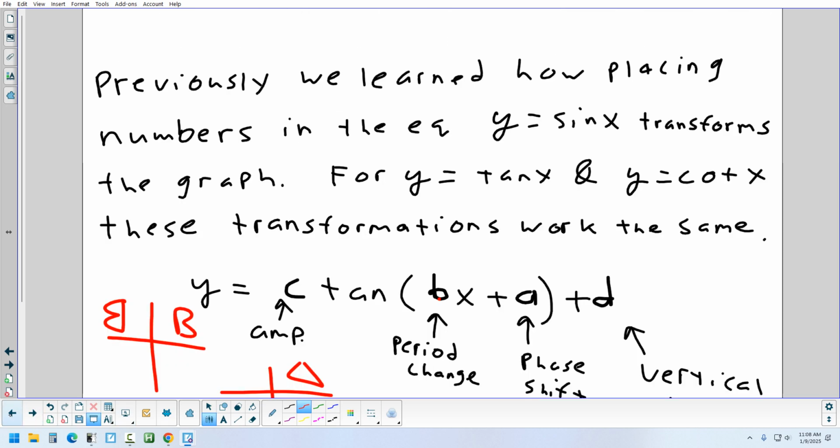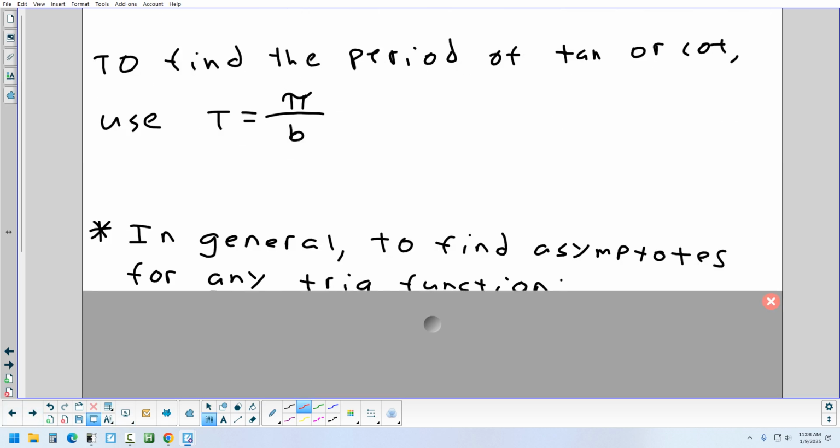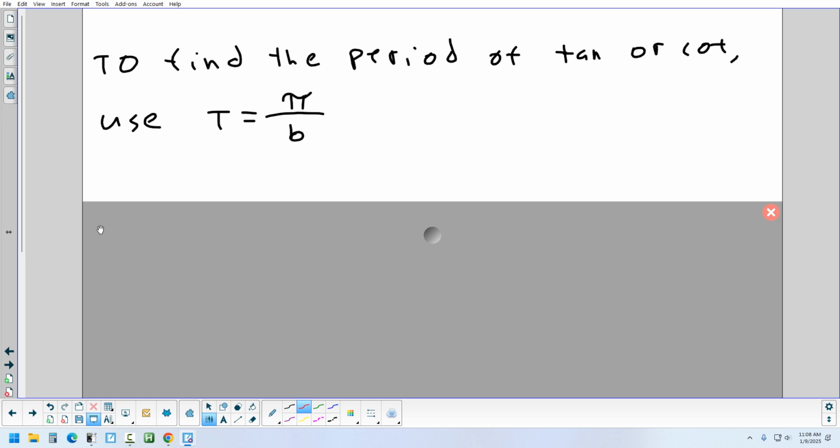All right, so if we want to find the period of the tangent or the cotangent function, we use the formula pi over b. With all the other trig functions, we use 2 pi over b. Okay, so it's a little bit different formula for tangent and cotangent because the period is pi over b.